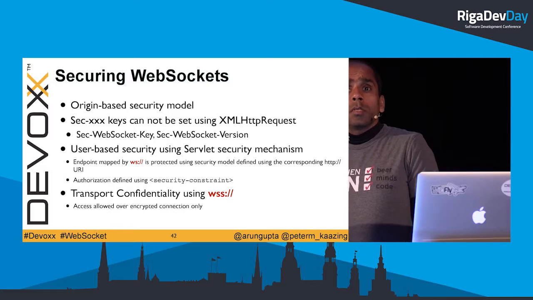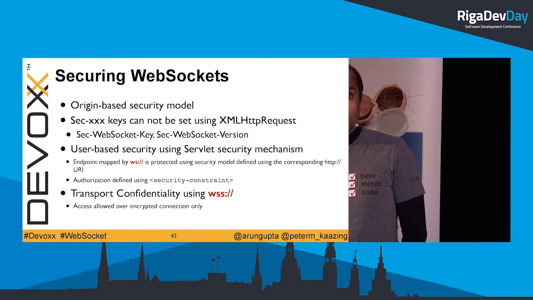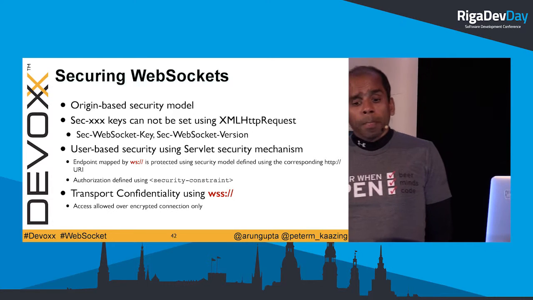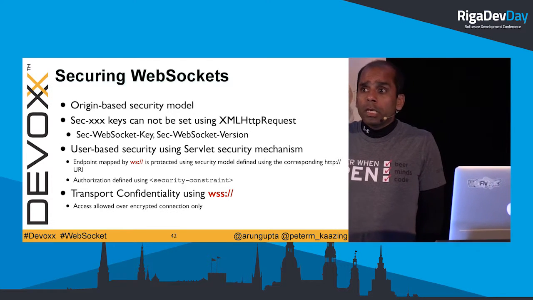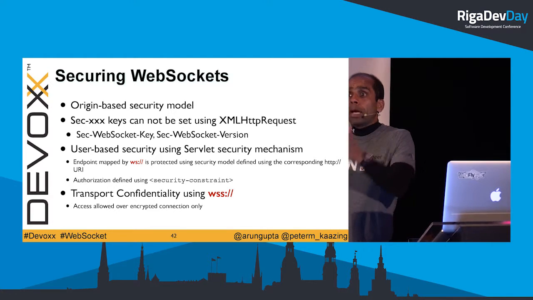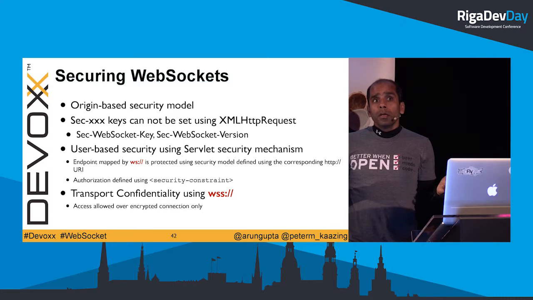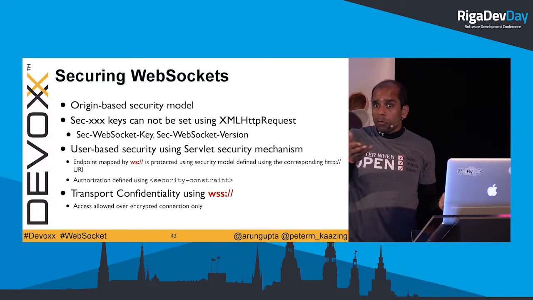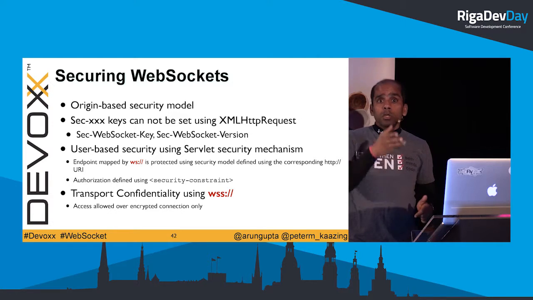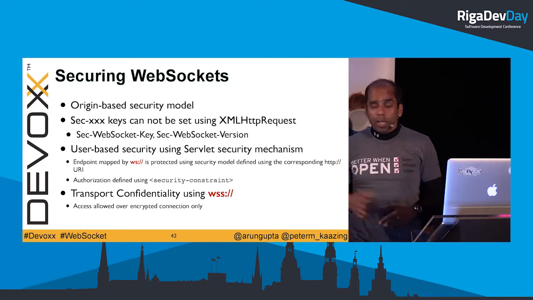Another way I've seen, and this is what the WebSocket specification itself, or the JSR 356 specification, says: because a WebSocket effectively is a URL, eventually you take this class and package it as part of a WAR file. When you package it as a WAR file, in the web.xml you can specify your URL constraints, that this so-and-so URL is protected with so-and-so security constraints.